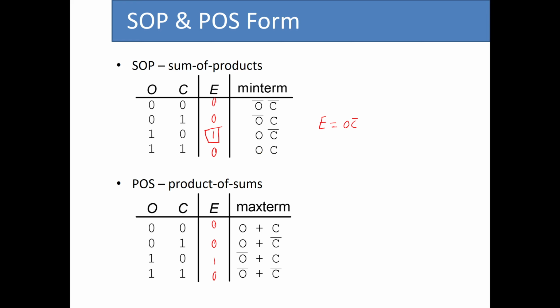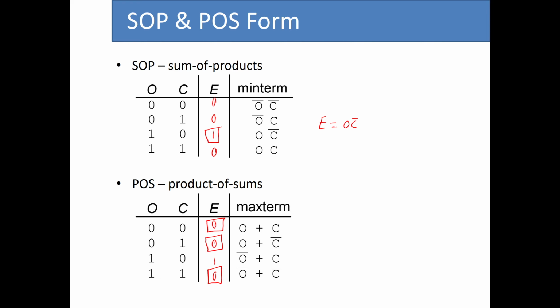For the product of sum form, we had a similar analogy, but now everything was completely the opposite. So we were looking for rows for which the output was 0. So we have 3 rows in this table for which the output is 0. We said that there is a unique max term associated with each row, right? That max term is only false for that specific row and only that row.